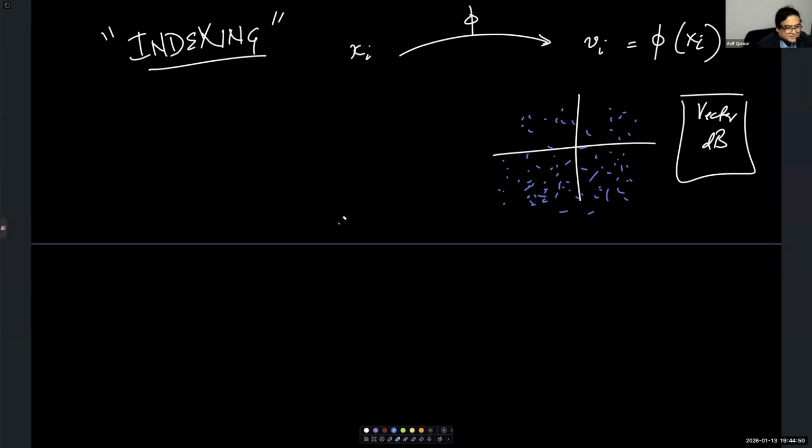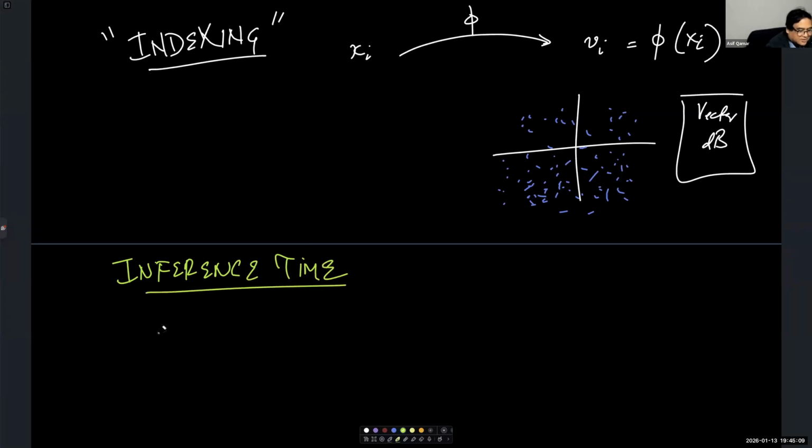Now, when a query comes, then comes the part about inference time. Inference time, what comes? A query comes. The query also needs to be converted by the embedder.